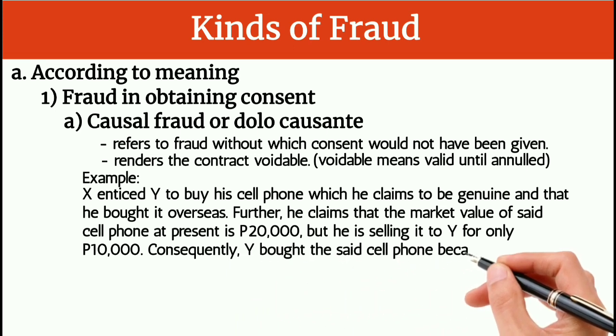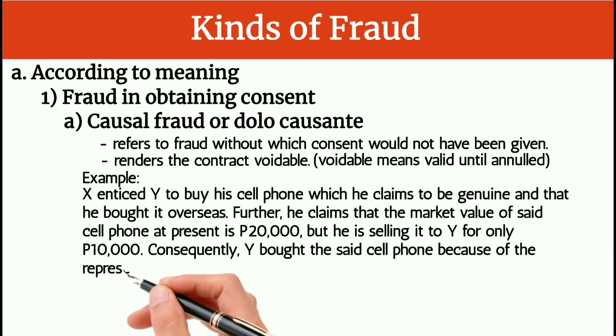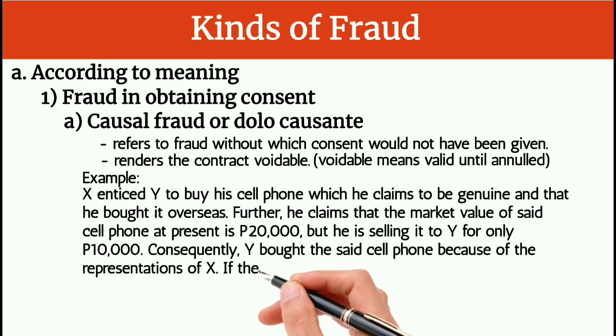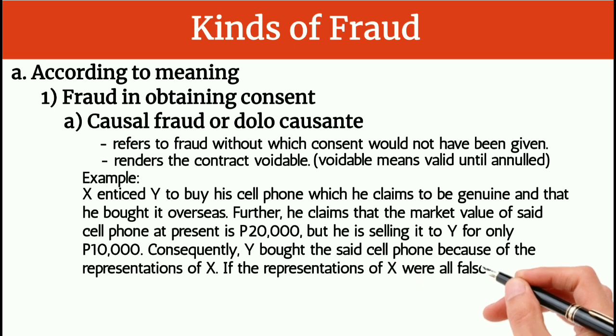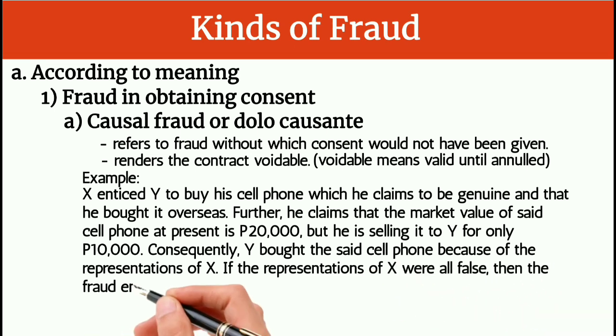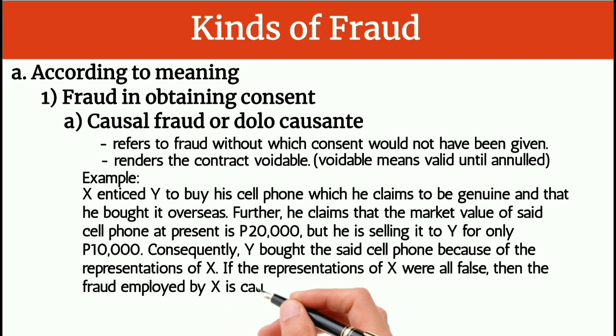Consequently, Y bought the said cell phone because of the representations of X. If the representations of X were all false, then the fraud employed by X is causal fraud.